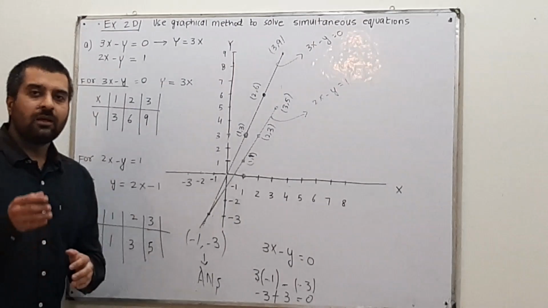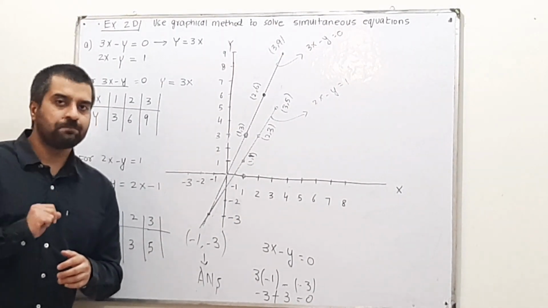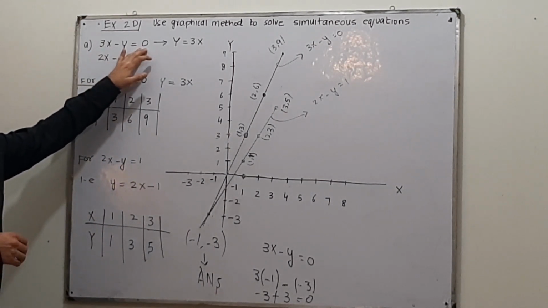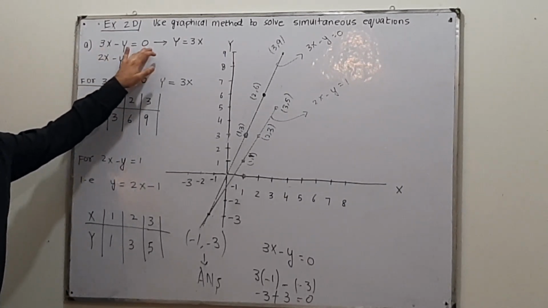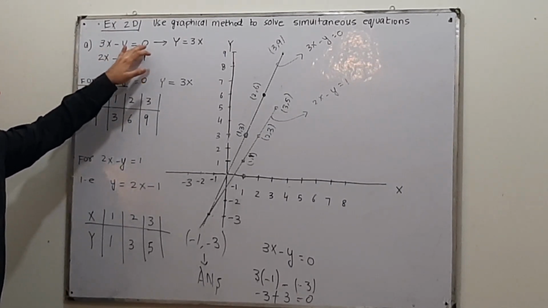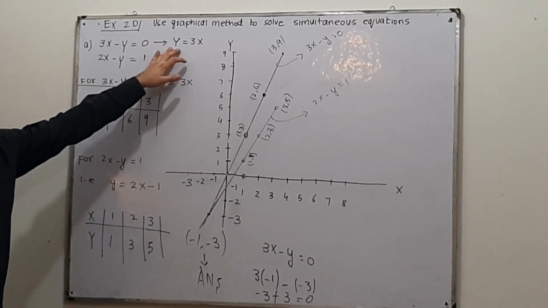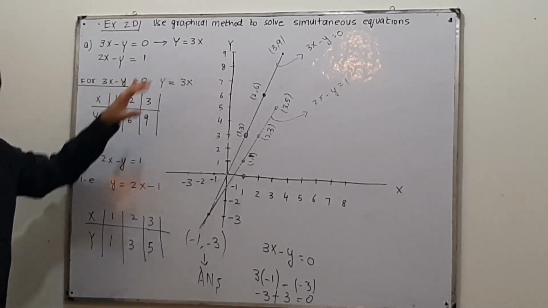First of all, make y the subject of the equation. 3x minus y is equal to 0, and if you want to make y the subject, then shift y to the right side. So y will be equal to 3x. Now y is the subject. Now draw a table for this equation.